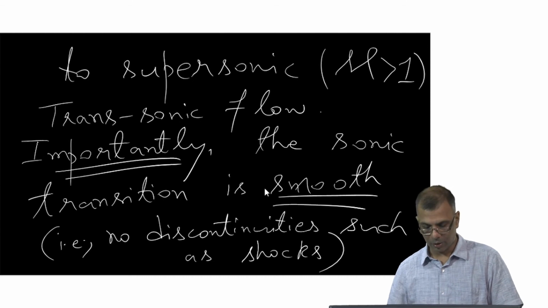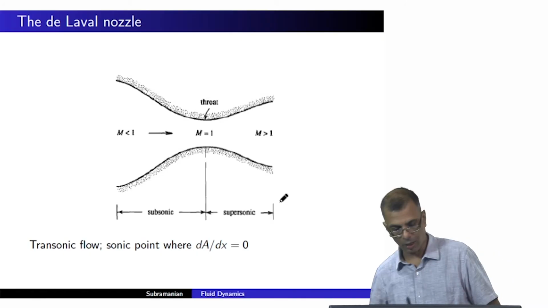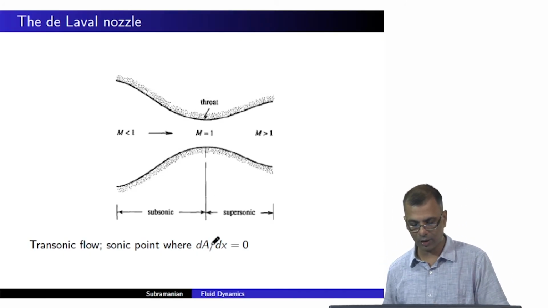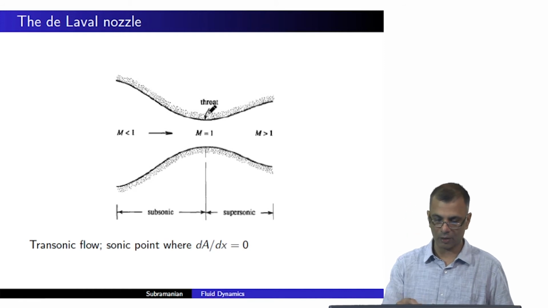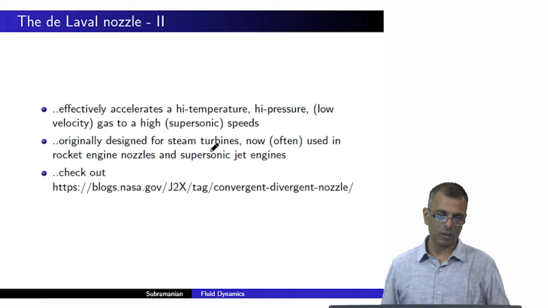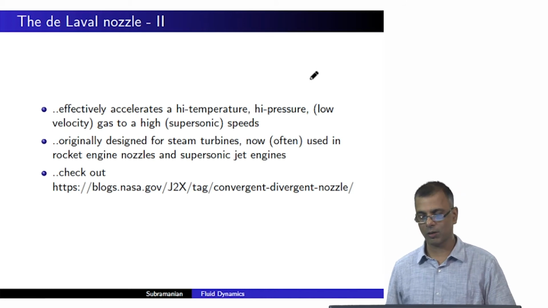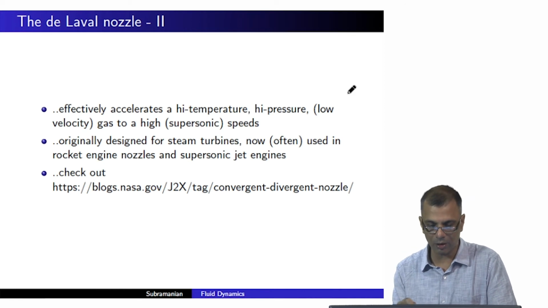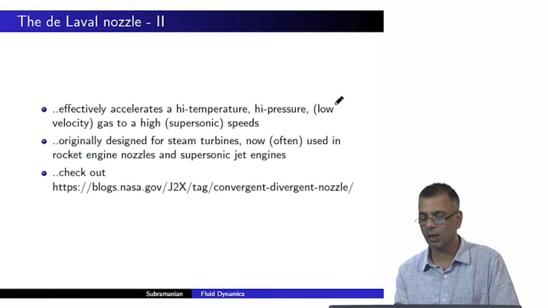Okay, right. So having emphasized this, let's go on. The sonic point happens where dA/dx is equal to 0, right here at the throat. Now, just to re-emphasize what we were saying, the de Laval nozzle is a device which effectively accelerates a high temperature, high pressure, low velocity flow.